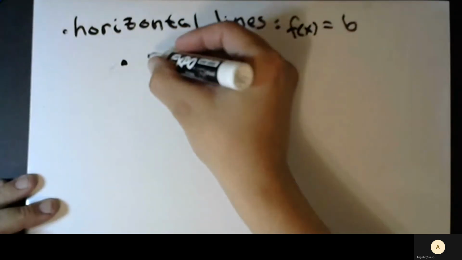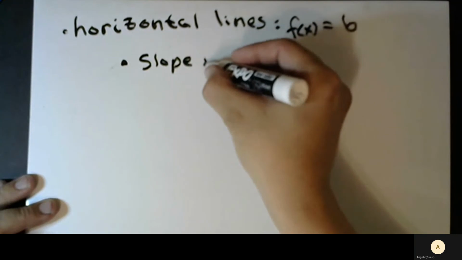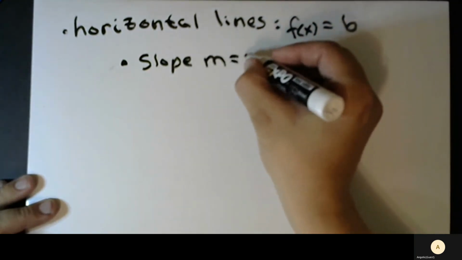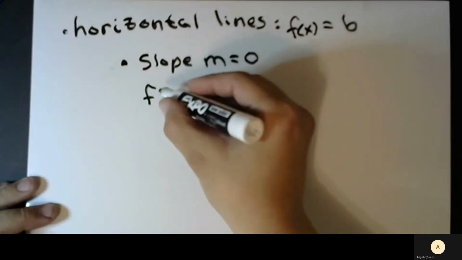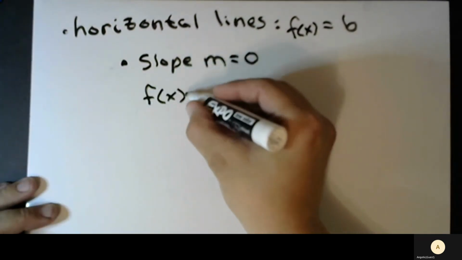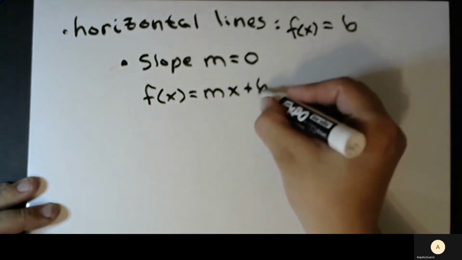And you get this when slope m is equal to 0. And so what that causes is f of x equals mx plus b.